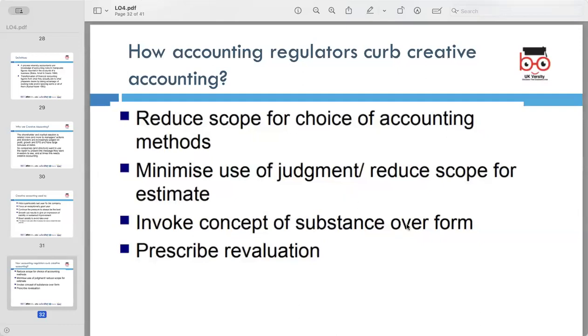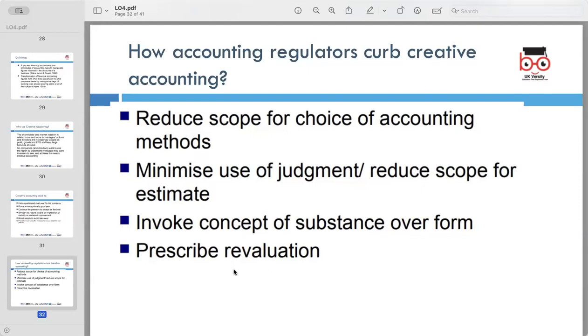Substance over form: regulators emphasize the importance of substance over form in accounting treatment. This principle requires companies to account for transactions based on their economic substance rather than merely their legal form, ensuring the financial statements provide a true reflection of the underlying economic reality.